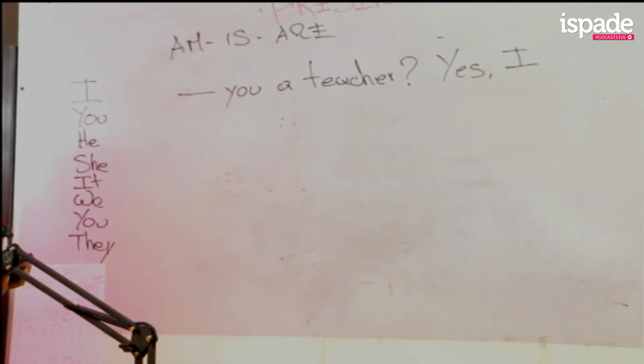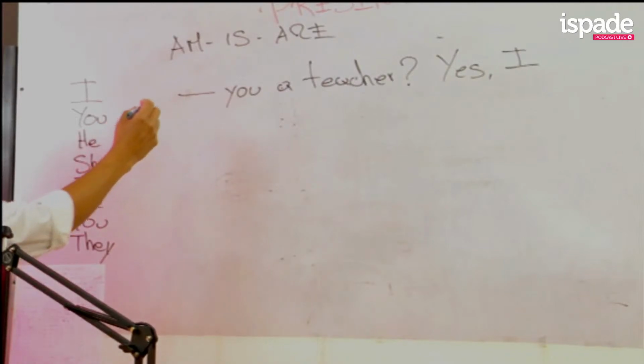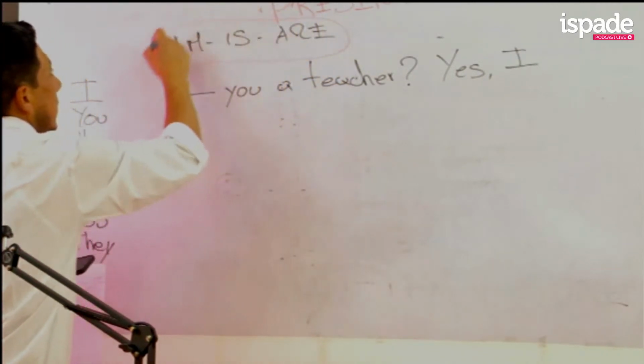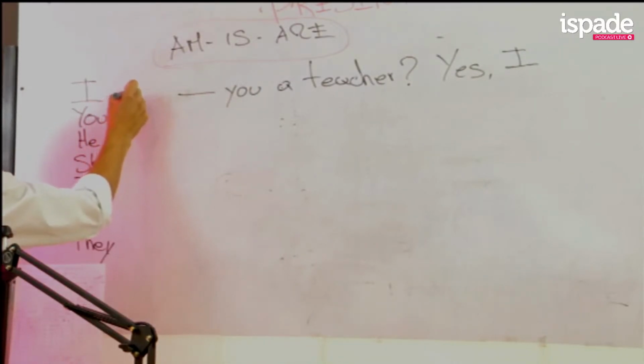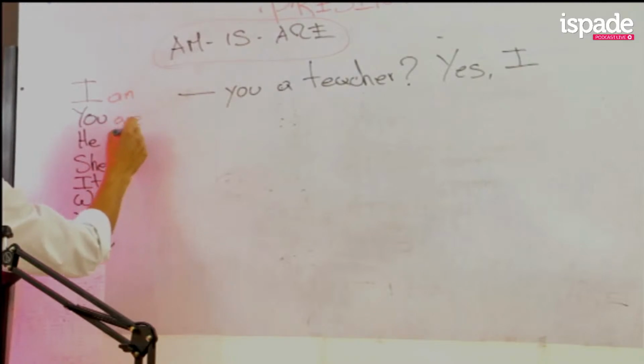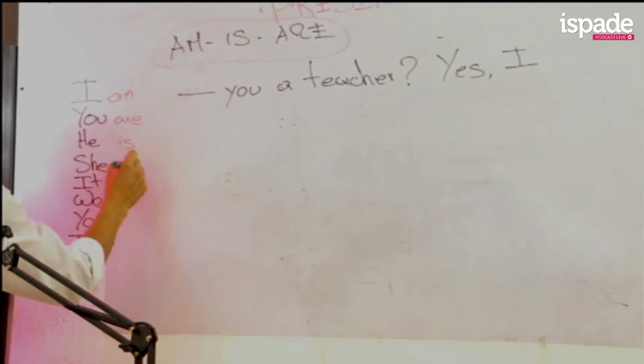Okay, so for the verb to be, also we got a rule. Which is the rule? This is the rule. Am is are. Verb ser o estar. So the rule is this. I am. You are. He is. She is.